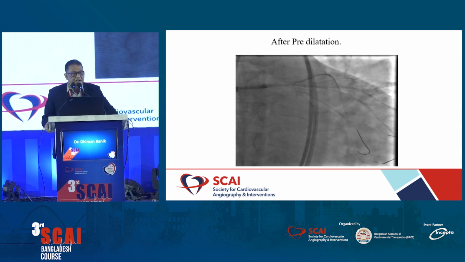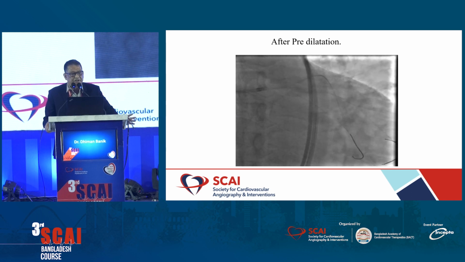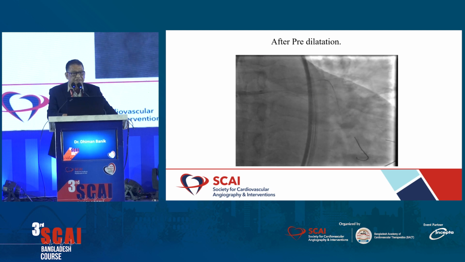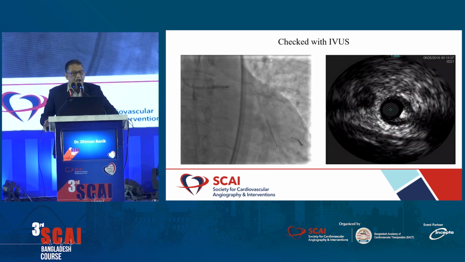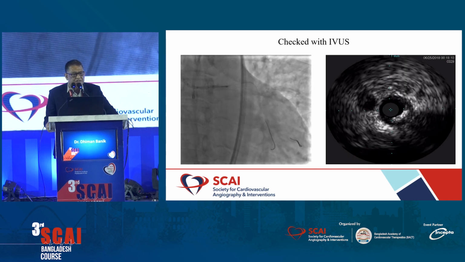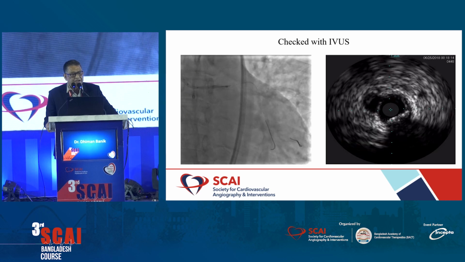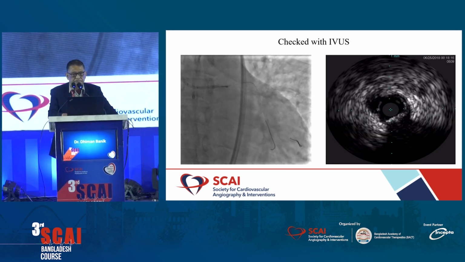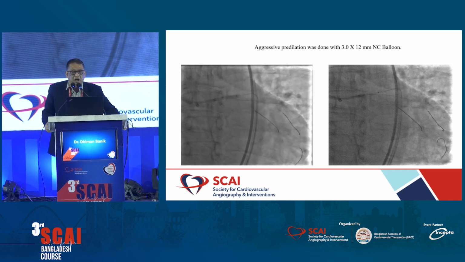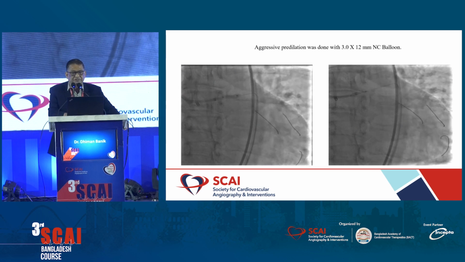After the dilatation, you see the left system is visualized and there is a trifurcation lesion and left main disease. We did IVUS and you see there is a calcified lesion in the left main and the proximal part of the LAD. So we aggressively predilated the left main and proximal LAD with a 3 x 12 millimeter NC balloon.